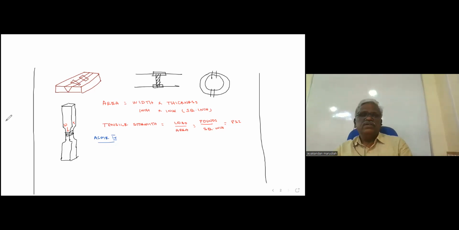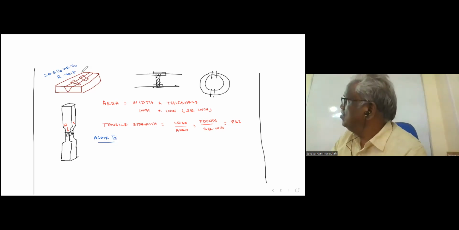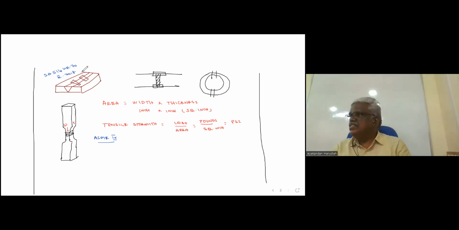For example, your material is SA 516 grade 60 and you are using electrode E7018. So what is the base metal tensile strength? 60. Okay, base metal tensile strength 60, electrode tensile strength 70. This is one of the possibilities.